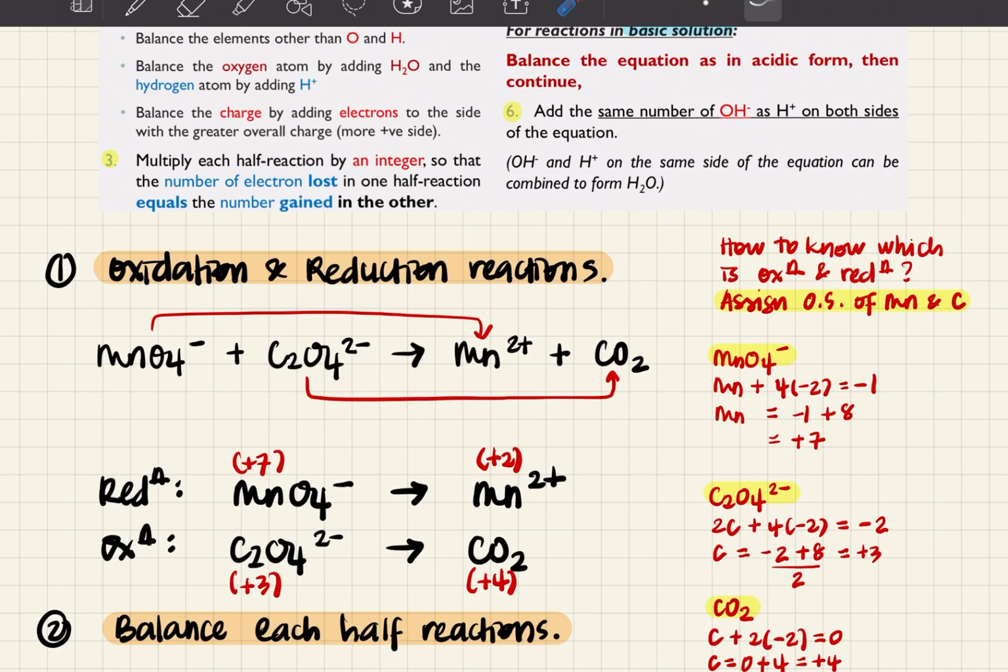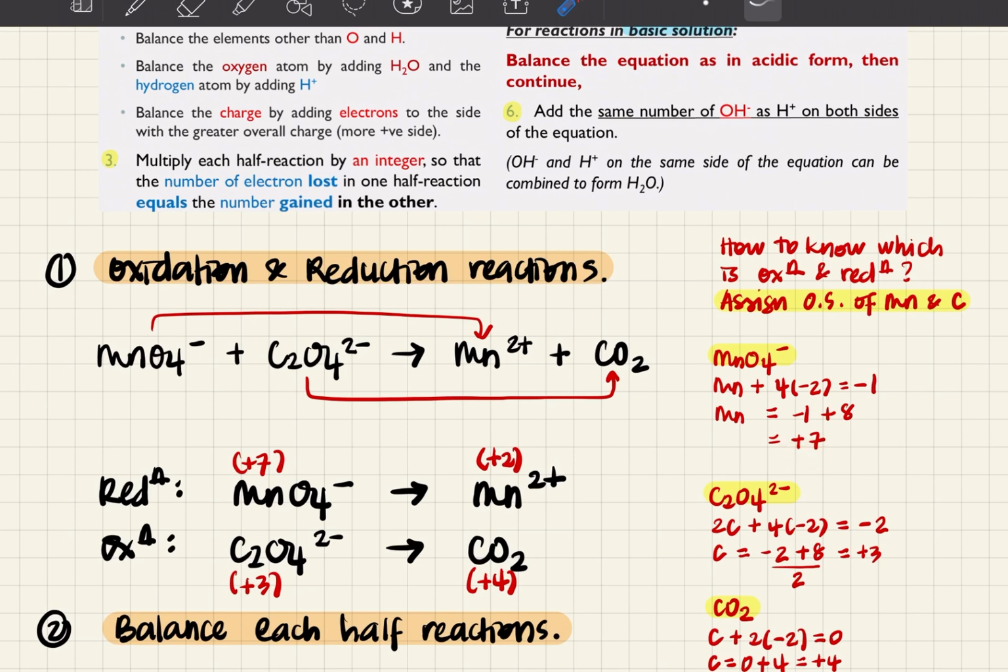Now how are we going to know who undergoes reduction and who undergoes oxidation? What you're going to do is assign the oxidation state of manganese and carbon. For MnO4 minus, I need to find the oxidation state of manganese. Carilah macam yang tadi saya ajar awak, and you got plus 7.